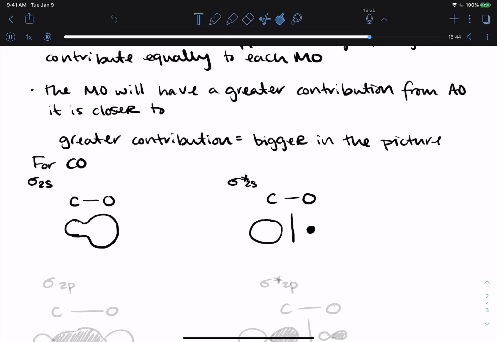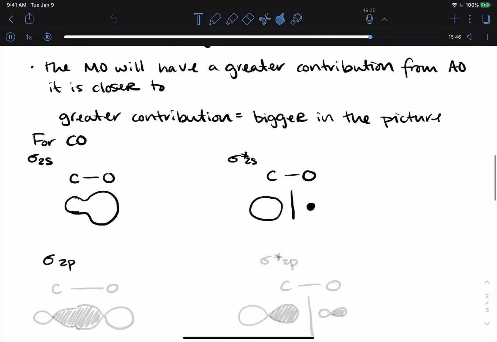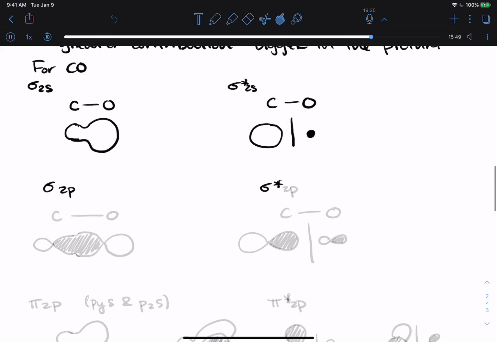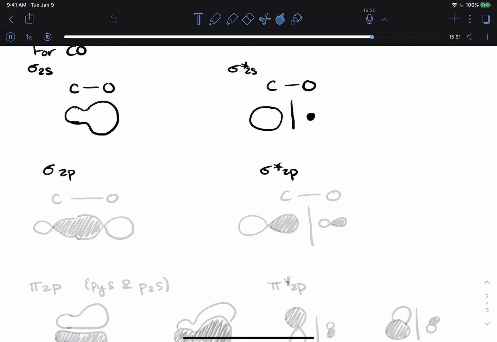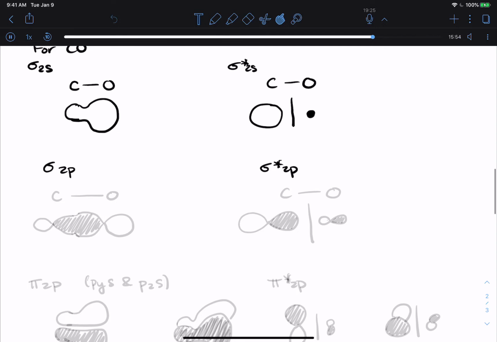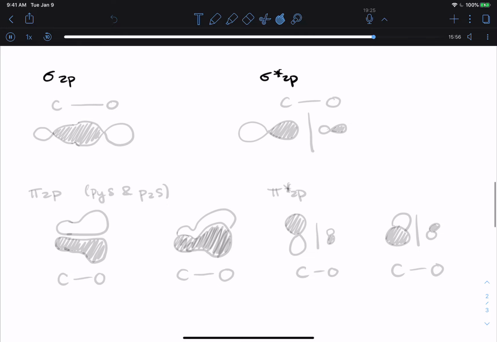Let's get this sigma 2p and sigma star 2p out of the way, because these are a little more awkward to draw. The bonding more so. So carbon, oxygen, bonding closer in energy to oxygen. So my p orbital that contributed on the oxygen side is going to look much bigger than the p orbital that contributed on the carbon side.